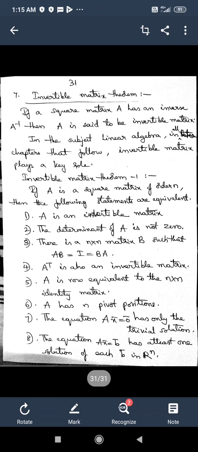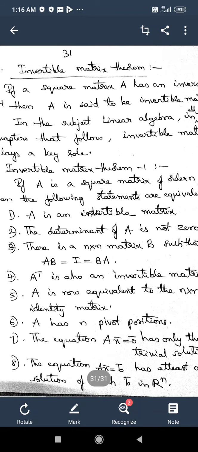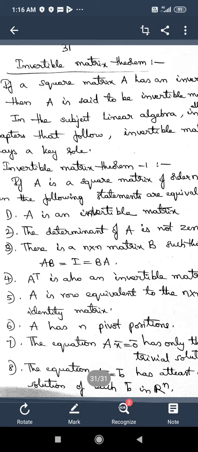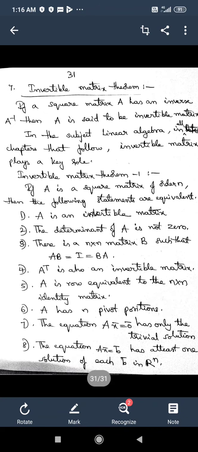Statement 1 is one and the same as 2, and 2 has the same meaning as 3, and 3 is equivalent to the fourth statement, and so on. So what are those statements? First one says that A is an invertible matrix, and all the other statements support this condition.